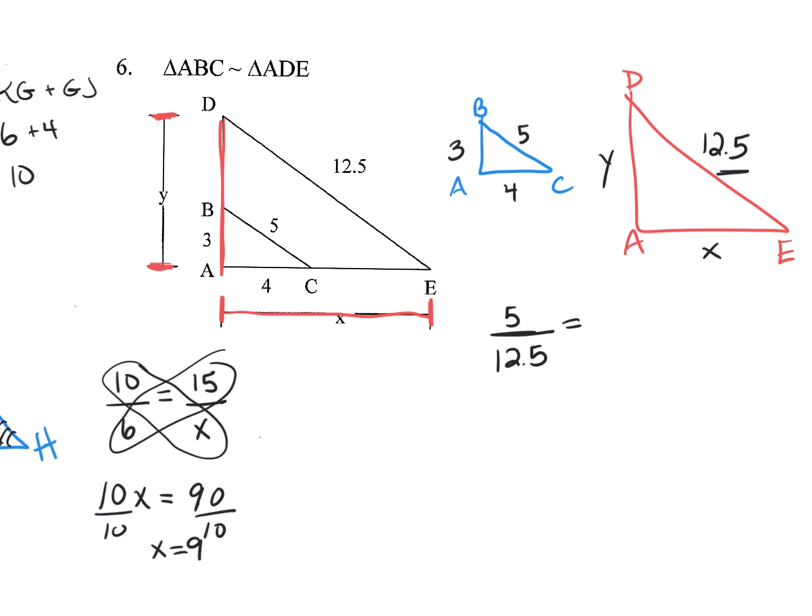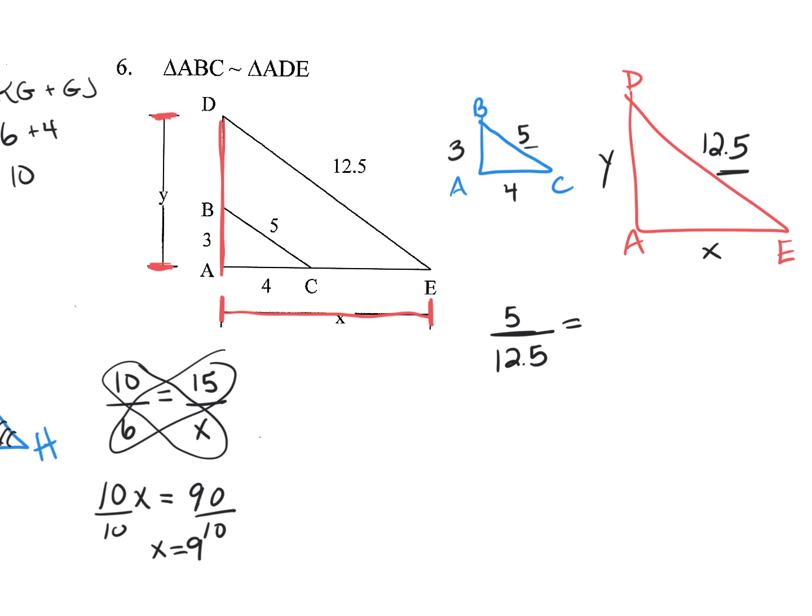If we solve for X first, notice that I put the 5 on top, which is backwards from what I previously told you in terms of finding dilations. But when it comes to solving for a missing side, the proportion doesn't matter because the scale factor is the same.